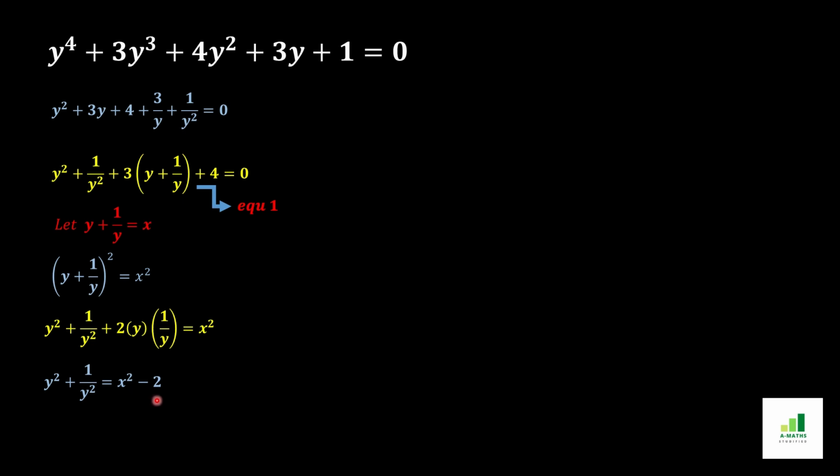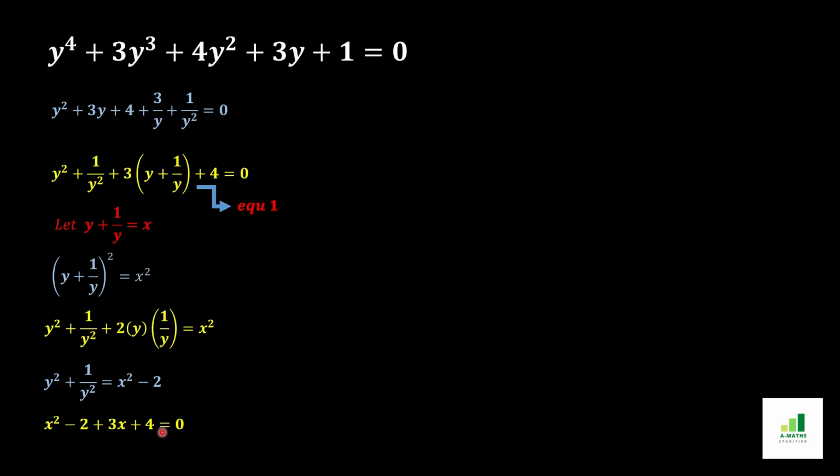Now we will put the values of y square plus 1 over y square and y plus 1 over y in equation number 1. After putting these values, we will get x square minus 2 plus 3x plus 4 equal to 0, because we replace y square plus 1 over y square with x square minus 2 in equation number 1, and y plus 1 over y will be replaced with x.